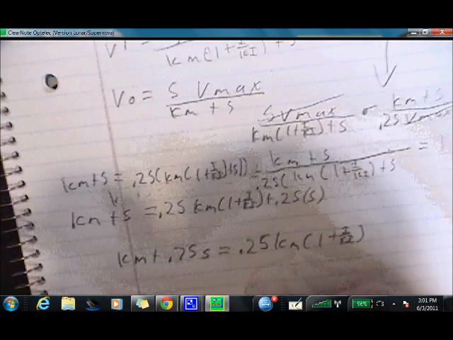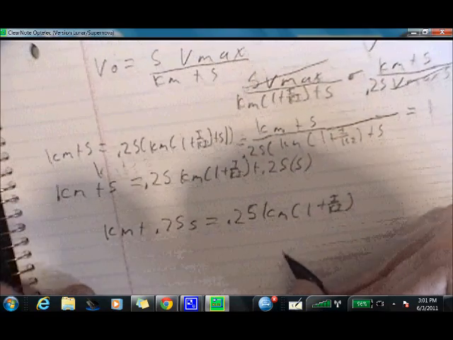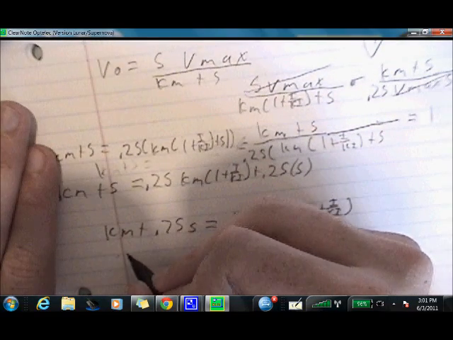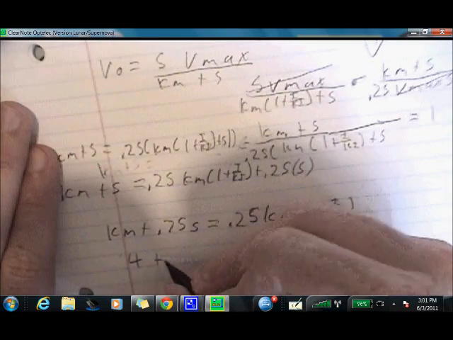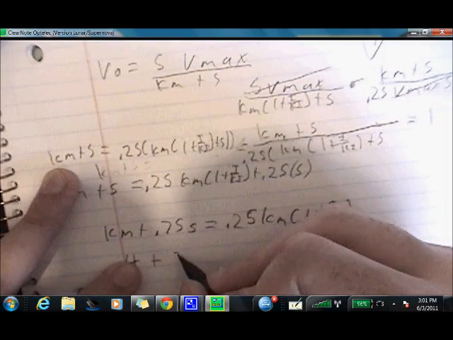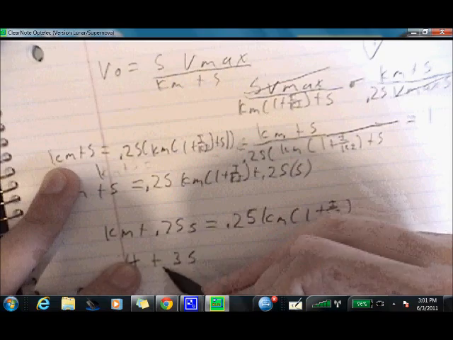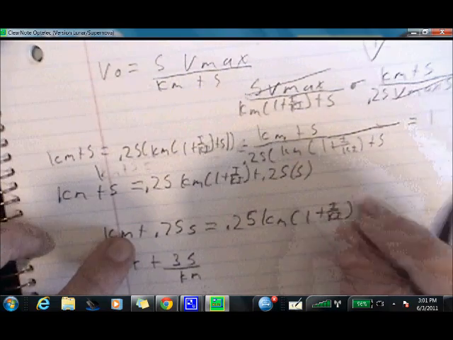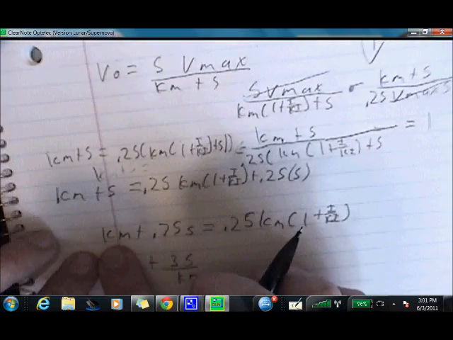Now I'm going to divide by 0.25 Km. So I'm going to get 4 plus 3S divided by Km. When I divide this out, the Km's are going to cancel.